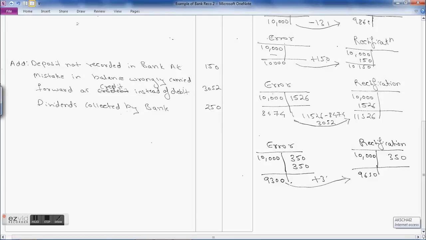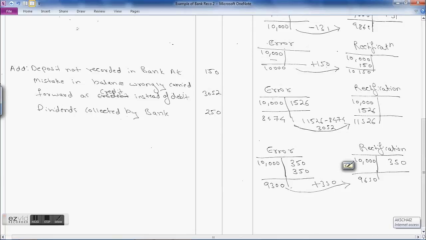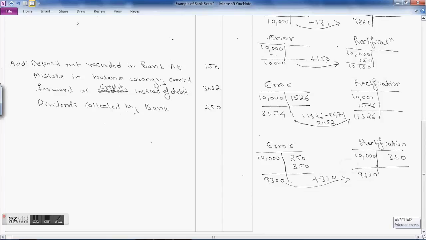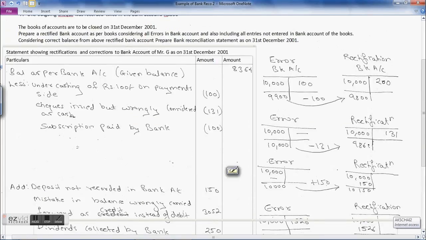So for rectifying the entry, we have to add rupees 350. So I'll write it as addition: check issued recorded twice, rupees 350.